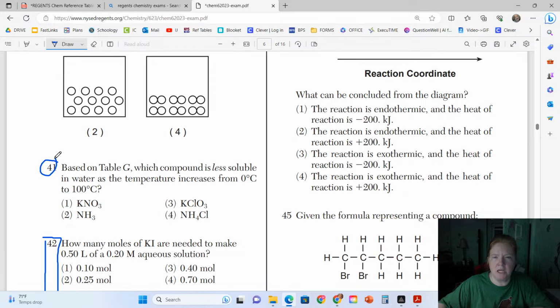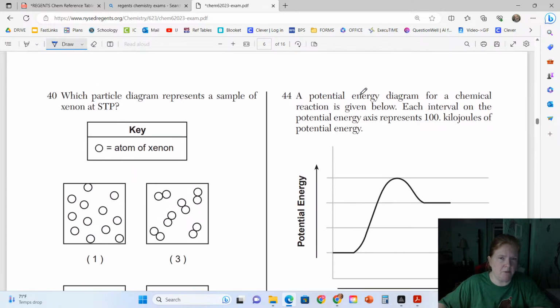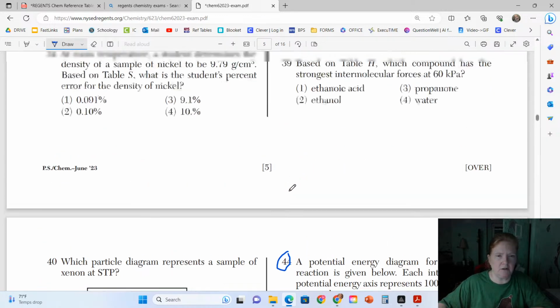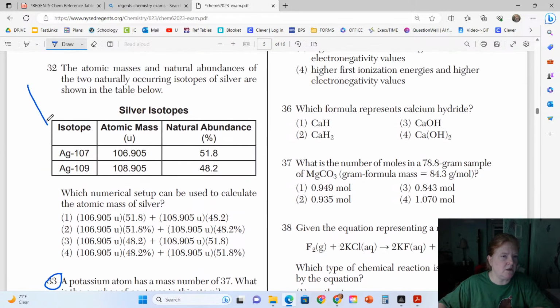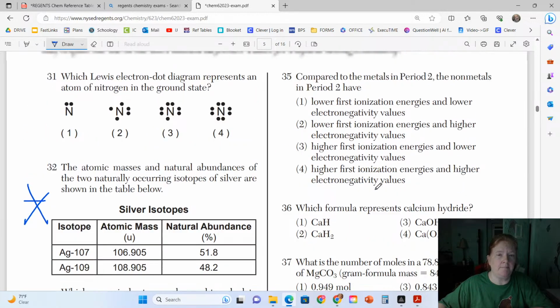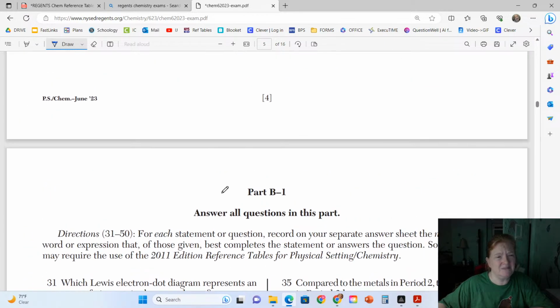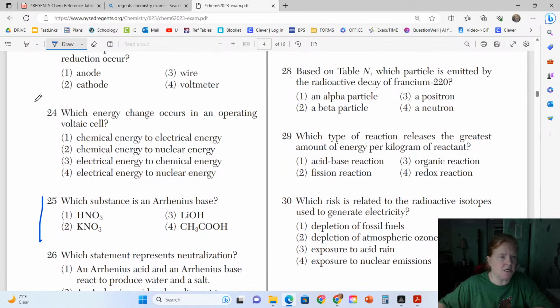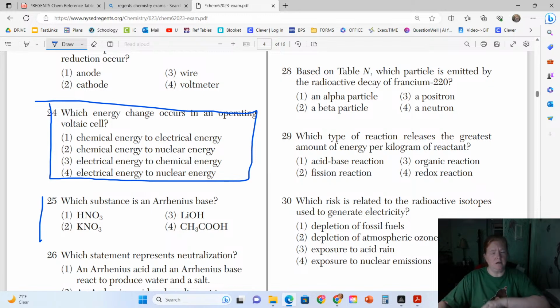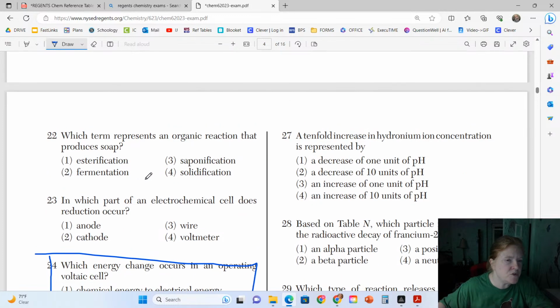In some way using table G, that's for sure popular. Something with a potential energy diagram, see that all the time. This common question, this right here, pretty much a guarantee. In some way, they're going to ask this. Lewis dot is less common. These about Arrhenius acids and bases. This is super common for electrochemical cells. Okay, so those are some of the popular. Also, just atomic theory in general. Okay.